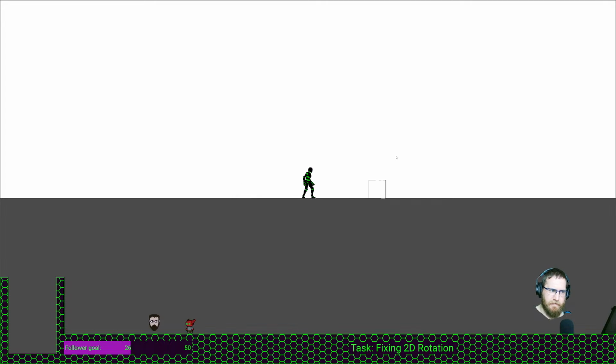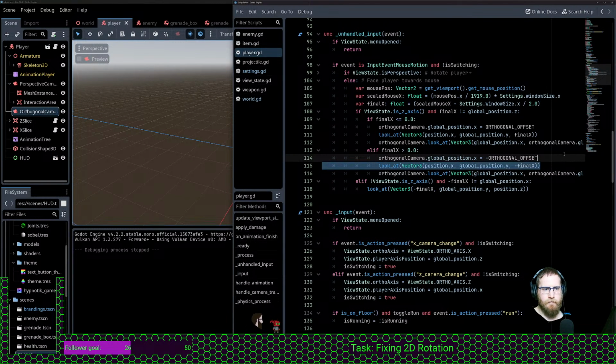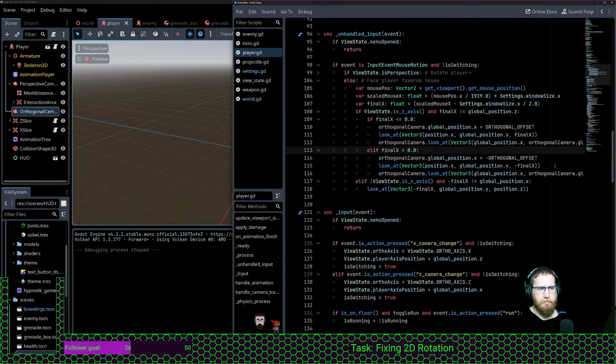So the player should rotate, but that looks like it's just the camera that's rotating. Hmm. I'm gonna drive myself insane trying to figure this out.